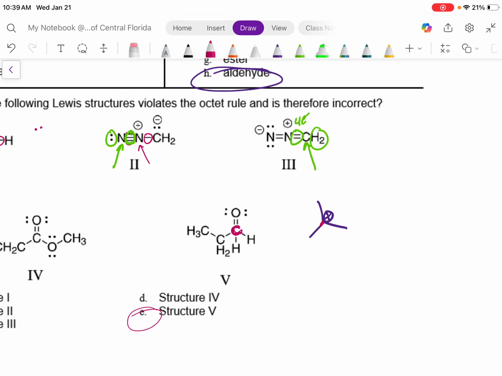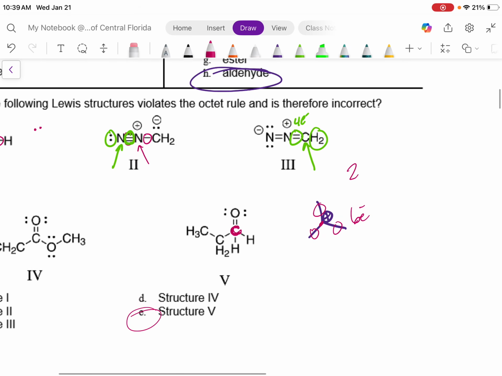There's a bond there, there, and there. So that's only 6 electrons. So you can have less than 8 electrons on carbon, but you can't have more. Or said another way, second row elements, carbons in that second row, they cannot have more than 8 electrons around their atoms.